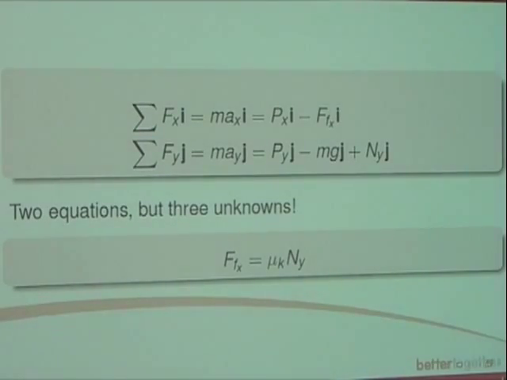The first thing to do is perhaps to use this friction equation to work out what the friction force could be. To do that we need to work out what Ny is. Since this equation in the y direction only has one unknown, the Ny term, the normal reaction term, we first solve in the vertical direction.